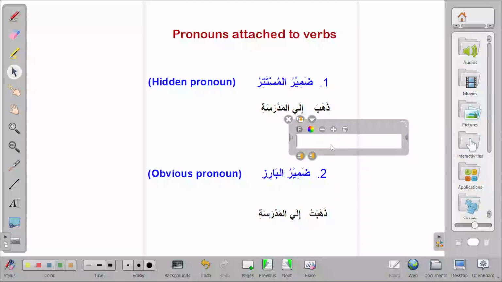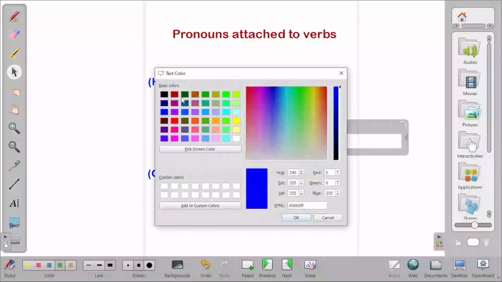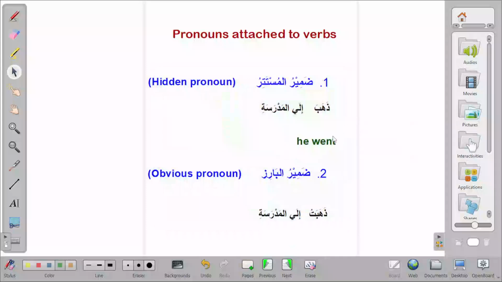Okay, just observe here. This is what I'm talking about. Please observe. You see this part, went, it corresponds to this particular verb you are seeing, zahaba.